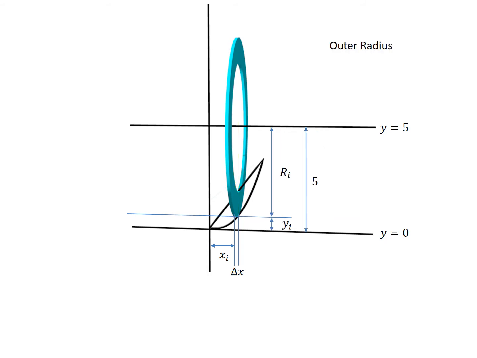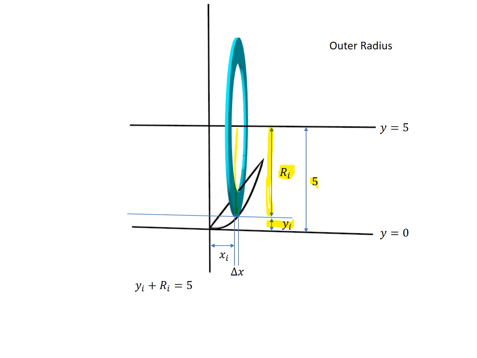For the outer radius, I might notice that I'm going down here to this parabola, right? So I'm going from the center all the way down here to this parabola, and I have a little y sub i right here, and I might notice that those two guys add up to be 5.